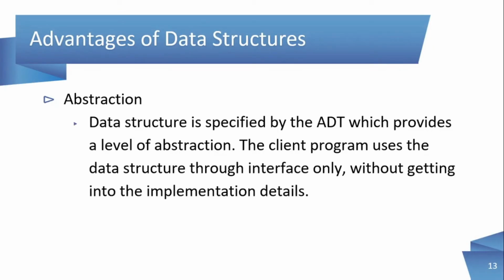Abstraction. A data structure is specified by the ADT, which provides a level of abstraction. The client program uses the data structure through the interface only, without getting into the implementation details. Abstraction in its main sense is a conceptual process where general rules and concepts are derived from the usage and classification of specific examples.